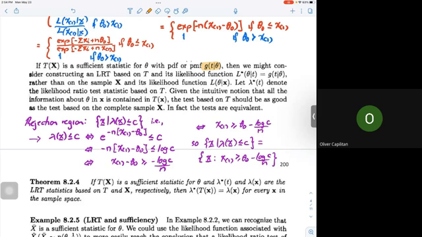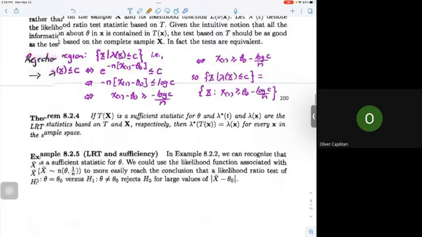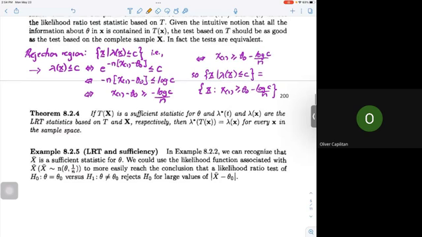So the test based on the sufficient statistic should be as good as the test based on the complete sample. In fact, the tests are equivalent, and we state it with the following theorem.